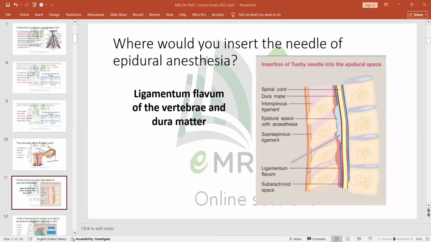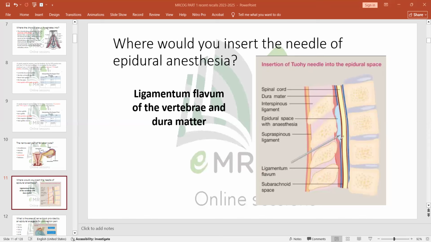So the anesthesiologist is going to insert the needle here, and just feel one click, the click of the ligamentum flavum between the vertebrae. It's not going to move in any further. Just the click of the ligamentum flavum here, the ligament that connects the vertebrae together. One of the ligaments, of course.